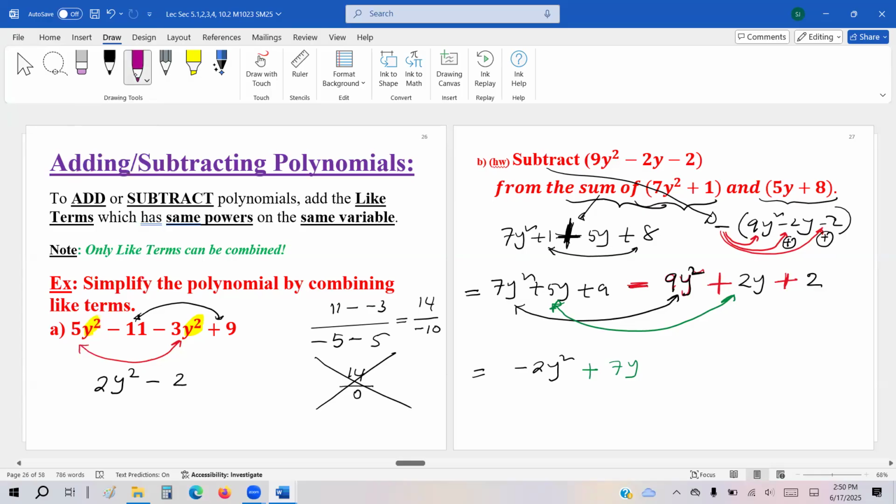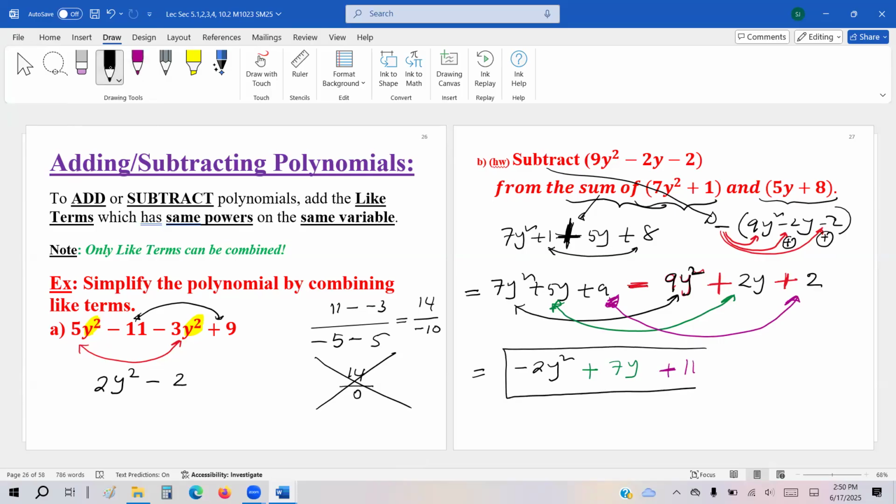Anything else? Plus 9 plus 2, so plus 11. Can you combine the negative 2y squared with 7y? No, because they don't have the same power. We are only allowed to combine whatever has the same exponent, same power. Any questions so far?